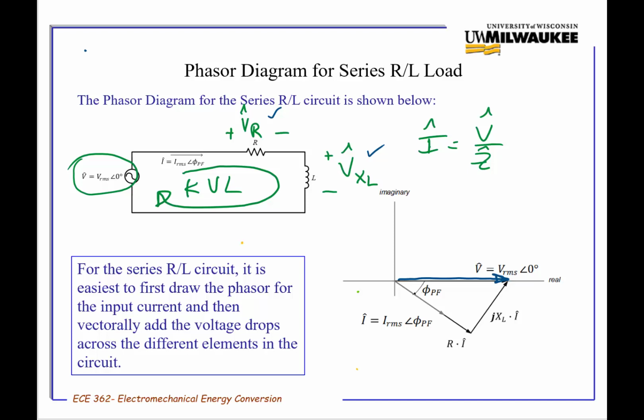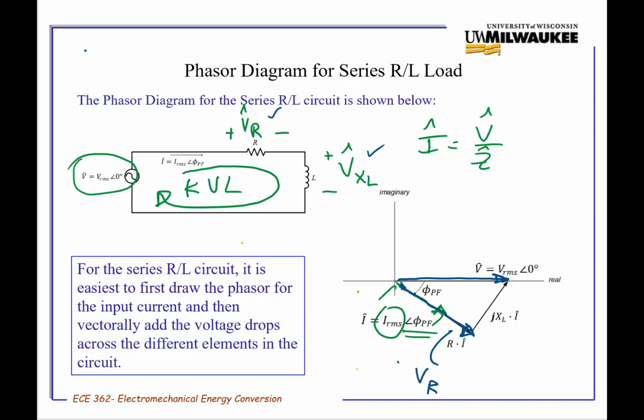And once we do that, we know the amplitude of that current, which is this IRMS, and we know the phase of that current, which is the power factor angle. So the voltage drop across the resistor is pretty straightforward. We would simply multiply this current times that number for R. We would just scale the magnitude of the phasor according to R. And that's the voltage VR.